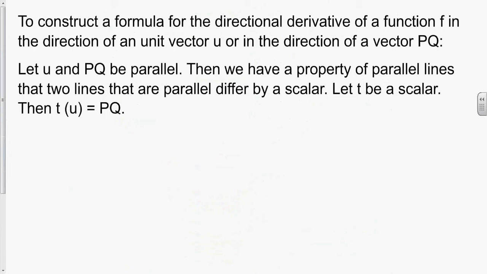Then we have the property from linear algebra that parallel lines differ by a scalar. Parallel lines are scalar multiples. So let t be any scalar, and then we have the scalar t times u equal to PQ. Let's see how that looks, and let's see if we can build the formula, and then we can work some problems.